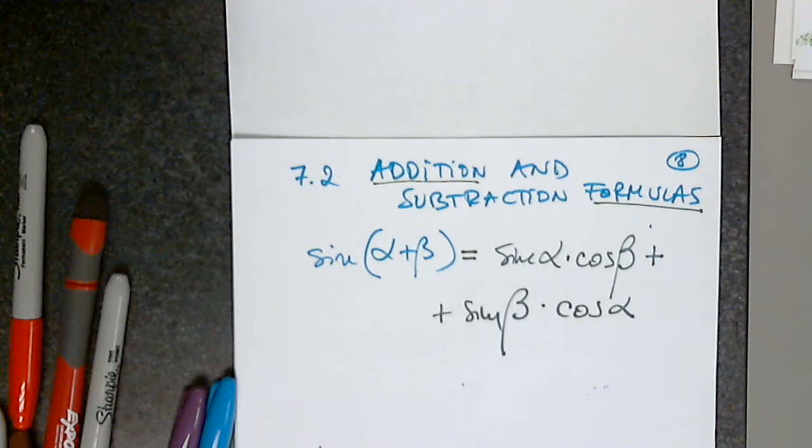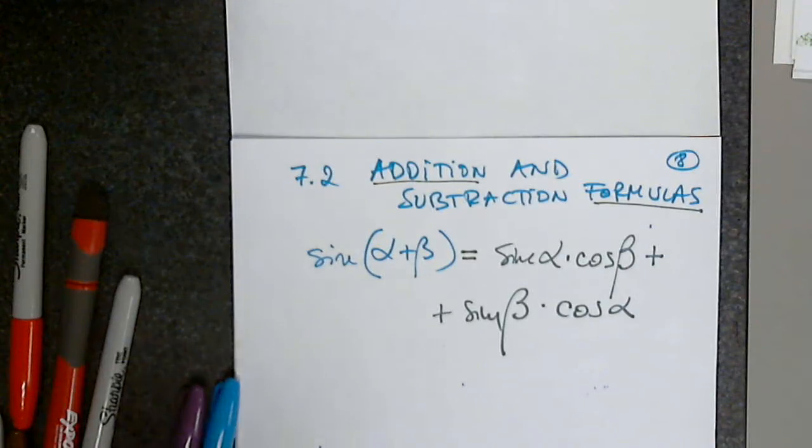I don't like saying memorize this, but I have to say it now. There are three identities that we have to memorize. I wish I didn't have to say that, but we do. So sine of a sum of angles is sine alpha cosine beta plus sine beta cosine alpha.